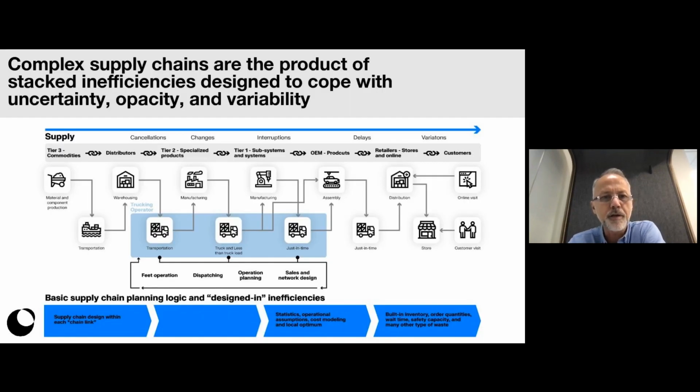So as an introduction, one of the guiding objectives that we have here at A&M when we work with our clients on this supply chain problem is to help recognize that the way supply chains are constructed are really the results of an attempt by humans to deal with complexity.